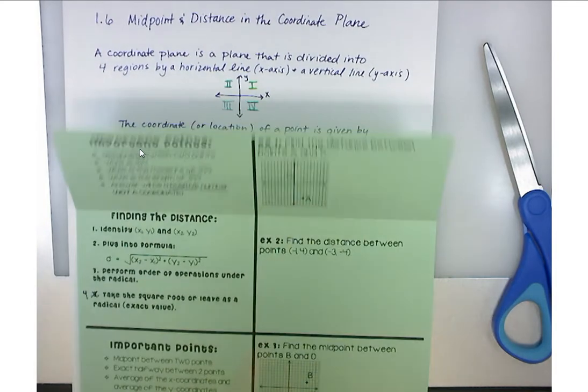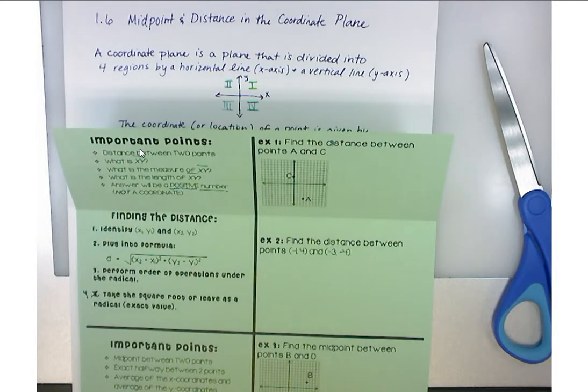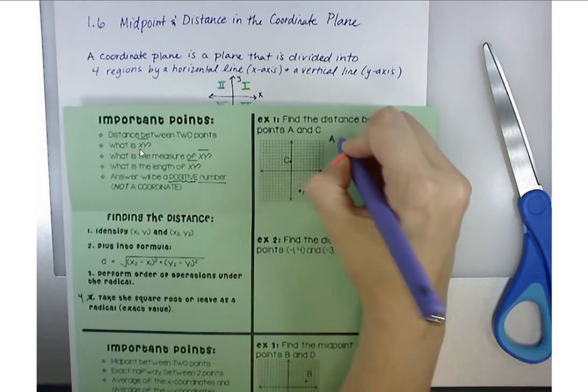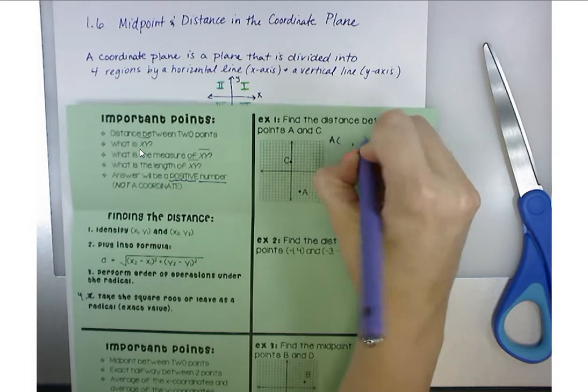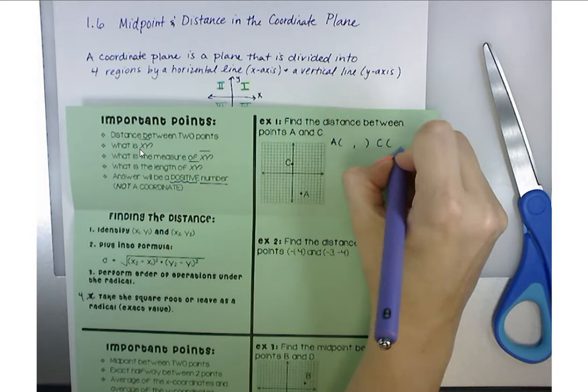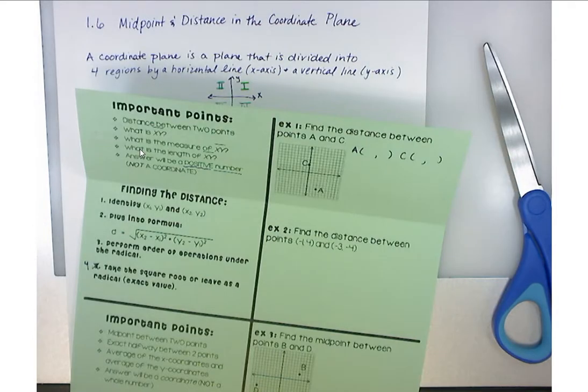So now for number 1, it says find the distance between points A and C. So the first thing I'm going to do is figure out the coordinates of A, and then figure out the coordinates of C. Okay, so I want you to go ahead and do that right now.